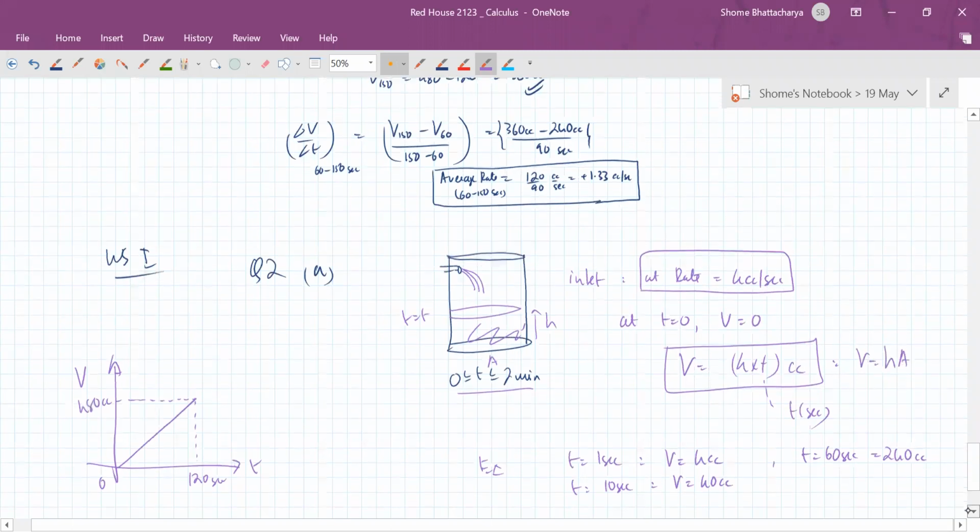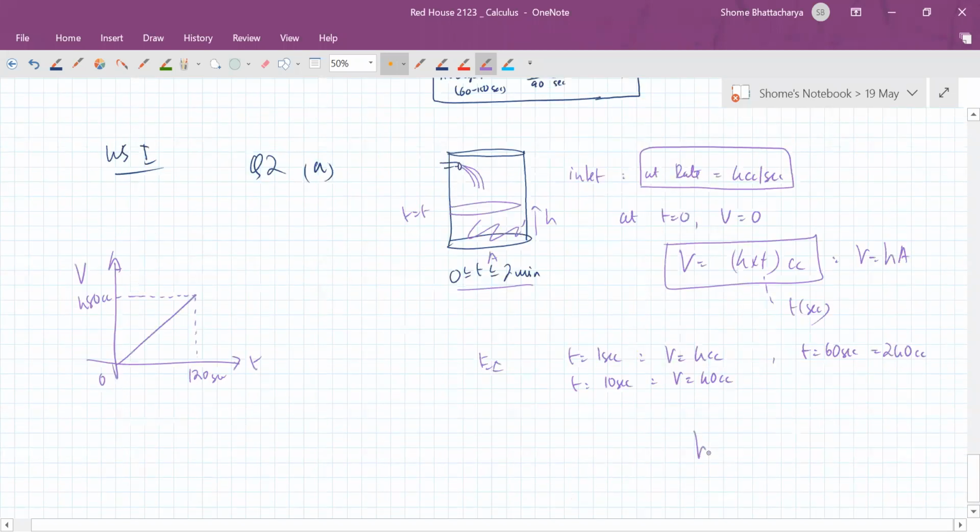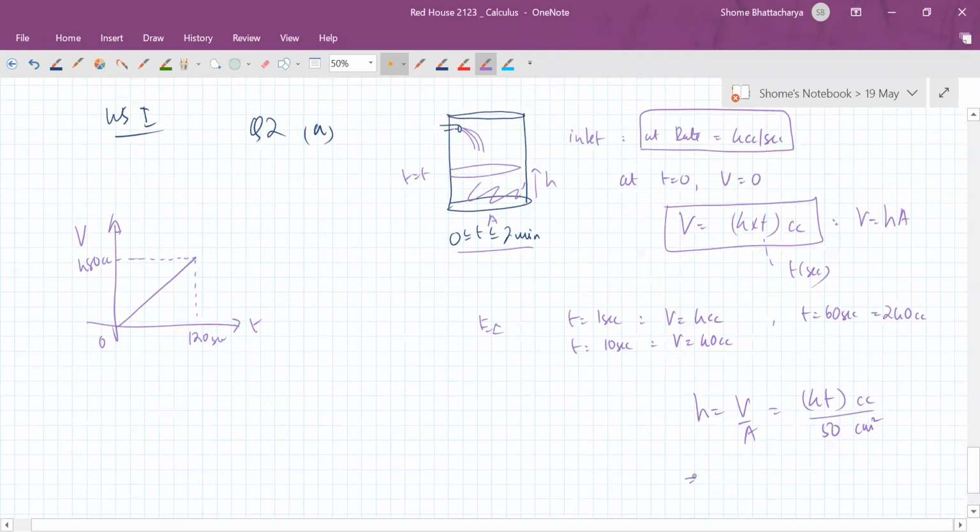So the height of liquid in the tank is equal to volume upon area: 40 cubic centimeters divided by 15 centimeters squared. That is how we get the formula for height as 0.08 t in centimeters at time t in seconds.